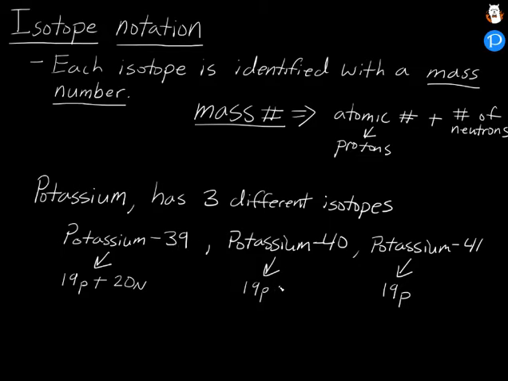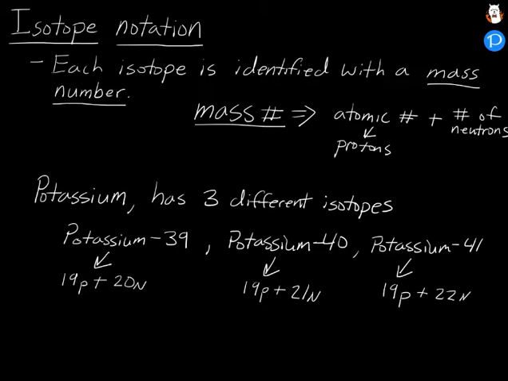This one has one more neutron inside its nucleus: 21 neutrons. And this isotope of potassium has 22 neutrons. So the differences have to do specifically with how many neutrons it has. I can add or take away neutrons and still be potassium; I'm just a different isotope, or in other words, a different mass of potassium.